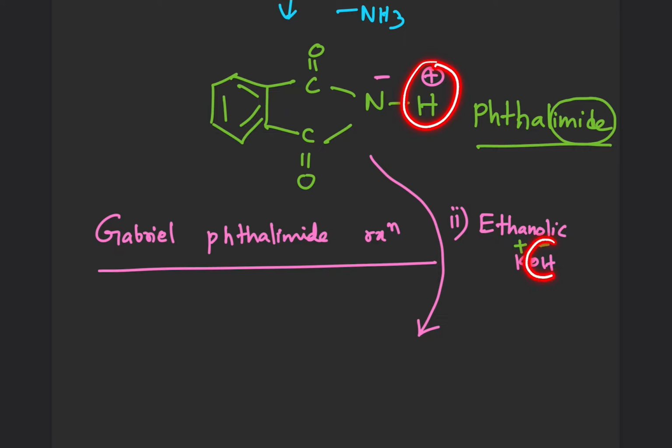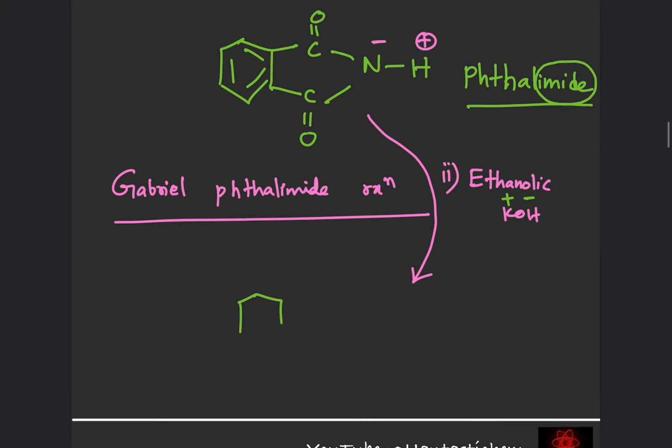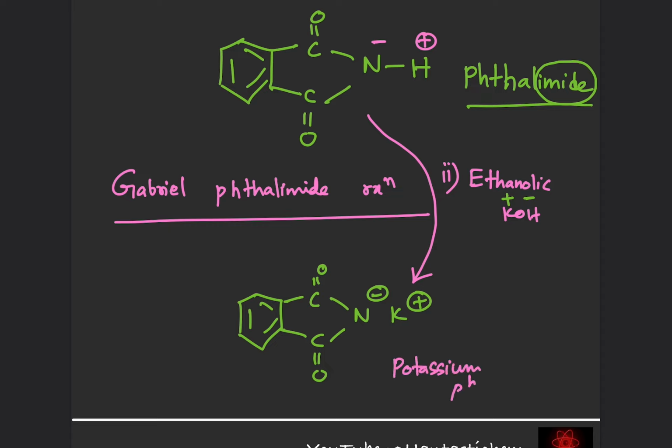H plus and OH minus come out in the form of water, and this K gets attached to the N. So we will get C double bond O, C double bond O, N minus, and obviously K plus. So this is what we get after ethanolic KOH with phthalimide. This is known as potassium phthalimide.